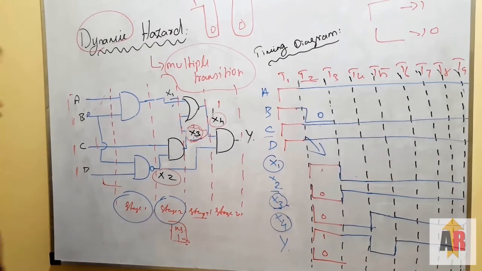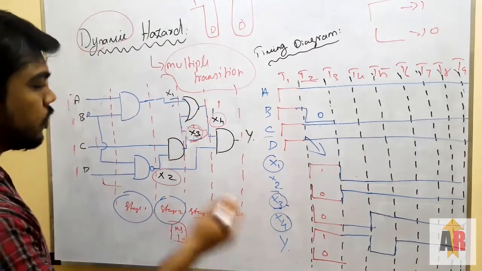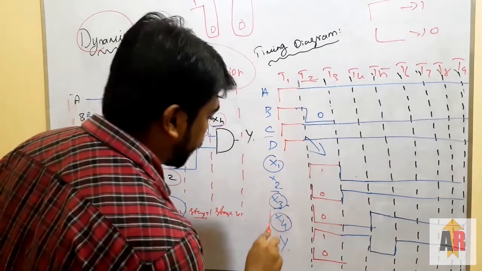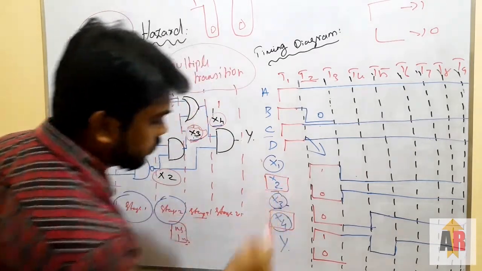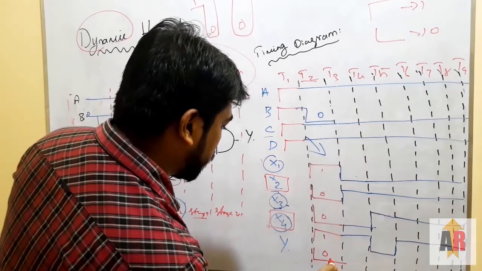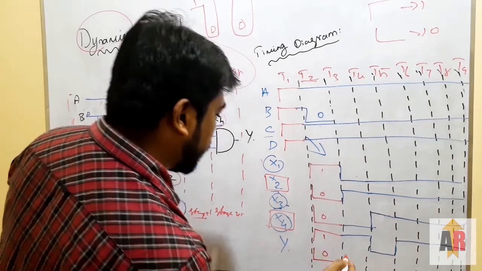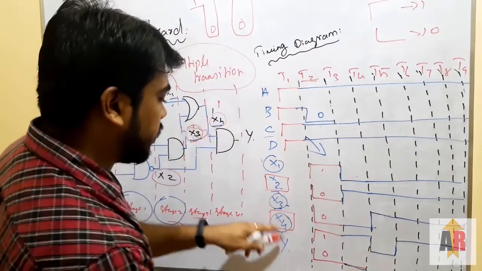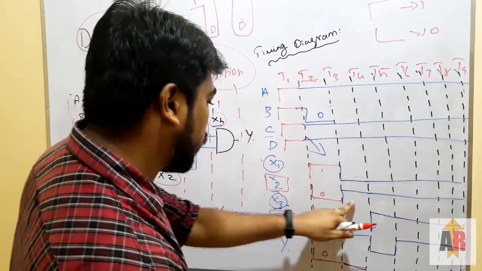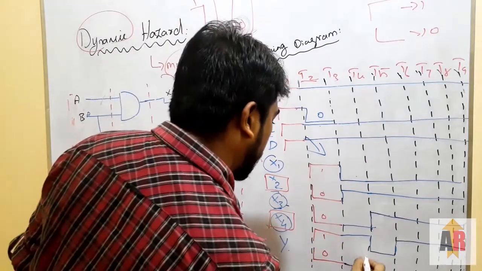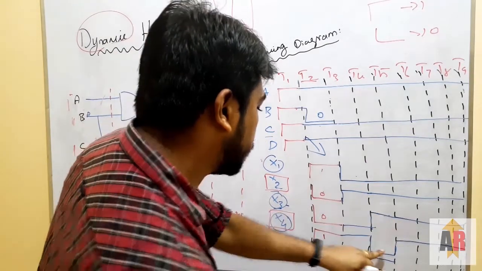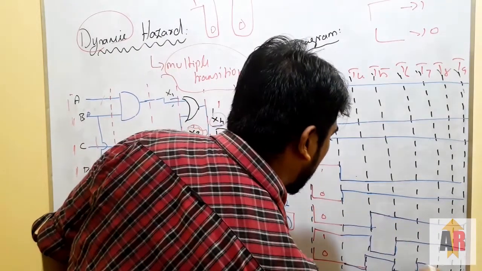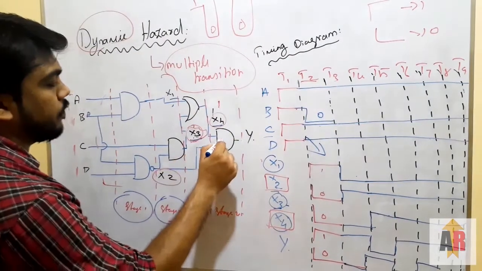So then finally your output. Now output depends purely on x4 and x2. So just apply that to x4 and x2: 0 1 0 1 1 1 1 0 0 1 1 1, because this is a product.